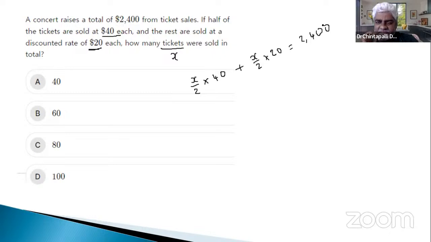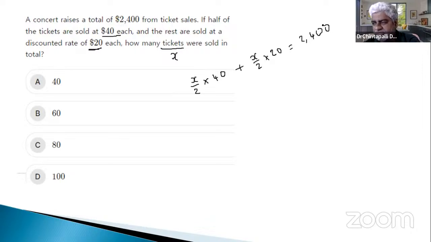Half of the tickets is x by 2. Each ticket is sold at $40, so x by 2 times 40, plus the remaining half of the tickets sold at the rate of $20, that means x by 2 times 20. The total amount collected is 2,400.